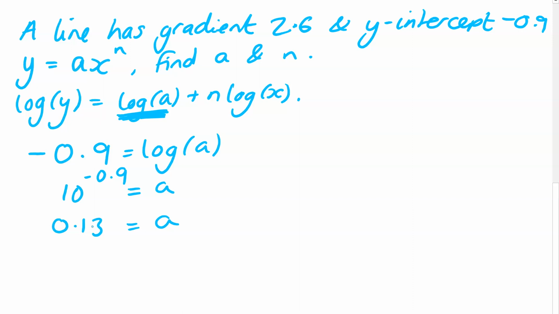And we need to know the gradient. Now, what part of that do you think is the gradient? It's the n. It's the number in front of the log x, even if it's logged, it doesn't make any difference. So n is 2.6.